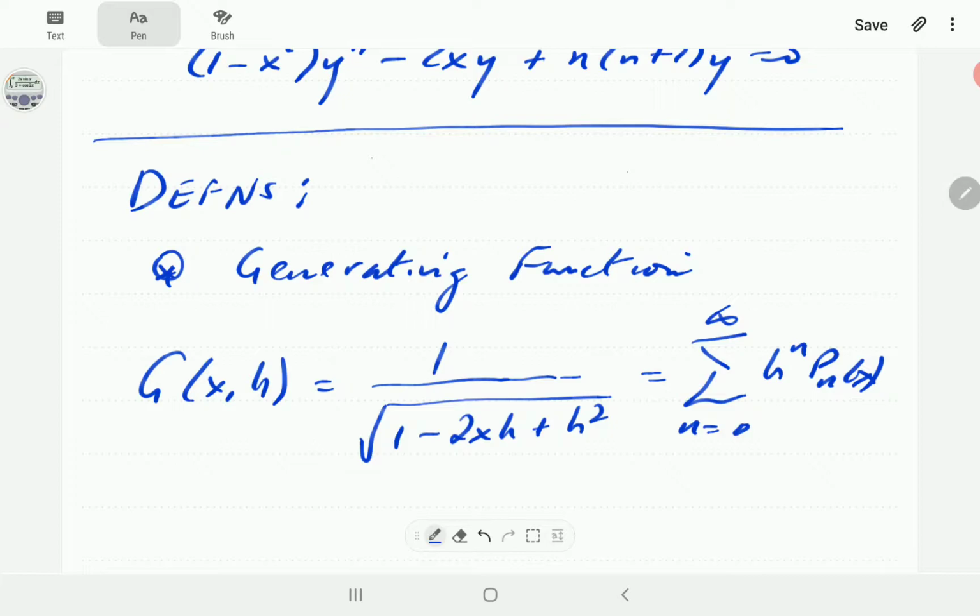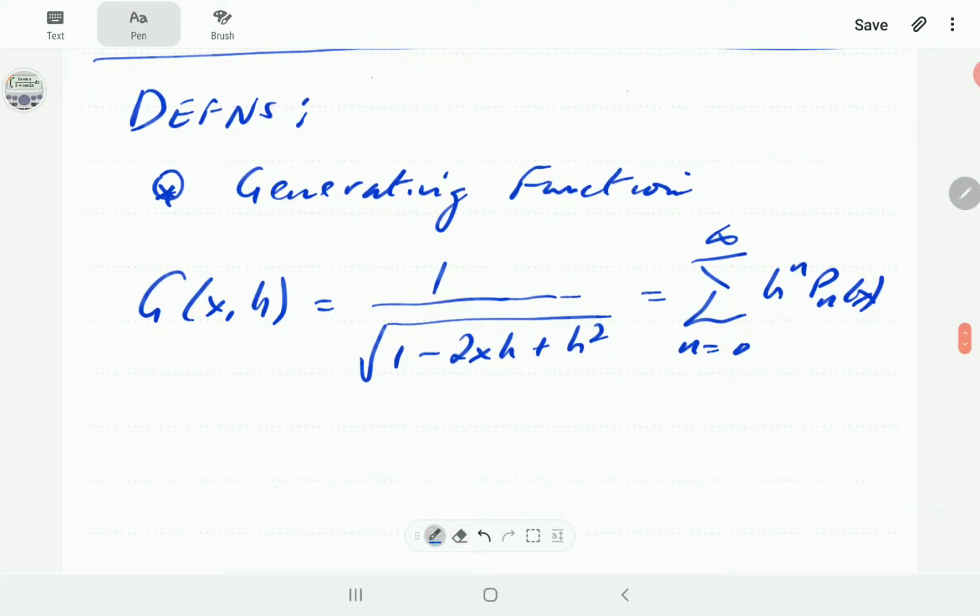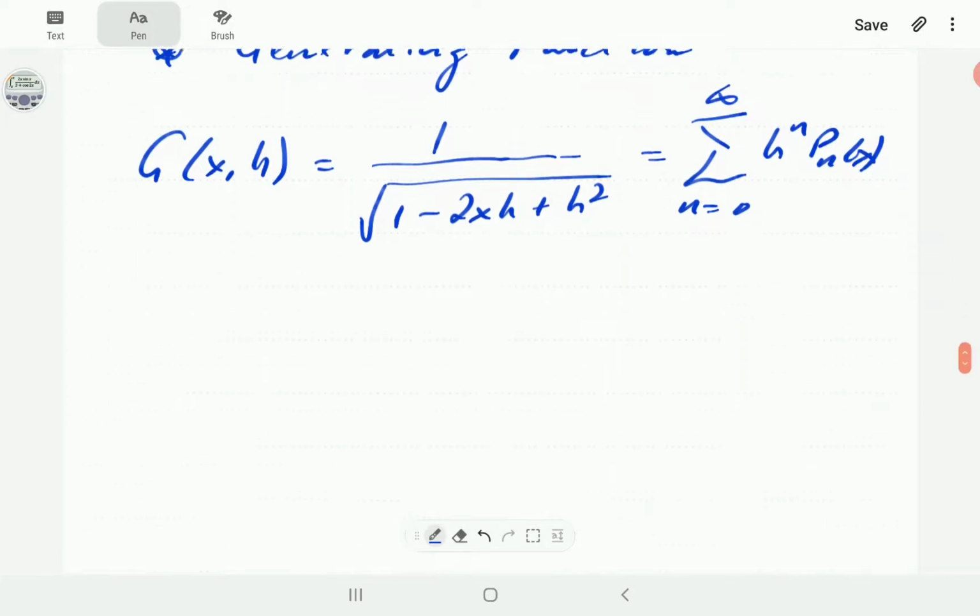What this equation is saying is that if we expand this expression in powers of h, then the coefficient of h to the power n is going to be the nth degree Legendre polynomial. We will show how this works in a moment.